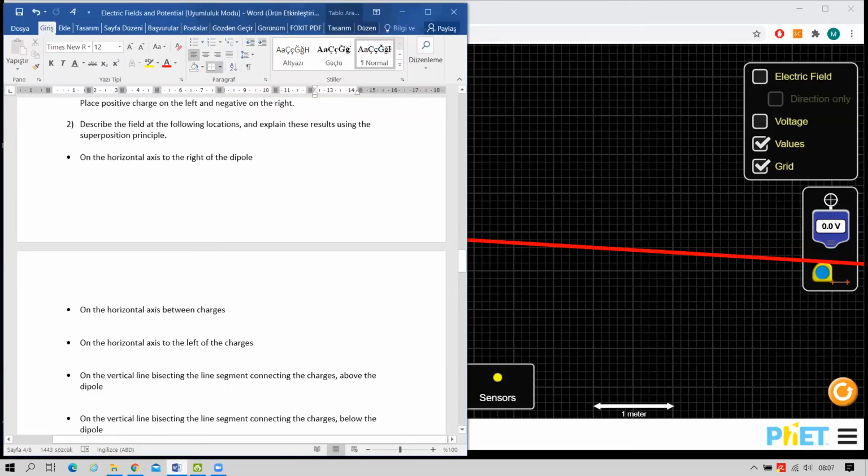The other thing is that it tells you to describe the electric field vector bisecting the line between the two charges.